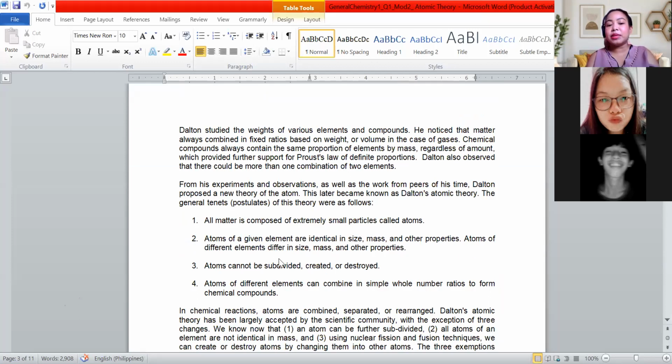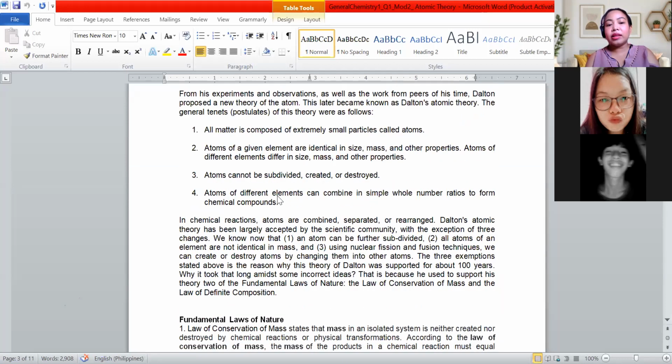Atoms of different elements differ in size, mass, and other properties. In short, atoms of the same element are identical, while if they are not the same element, they are not identical. Atoms cannot be subdivided, created, or destroyed. Atoms of different elements can be combined in simple whole number ratios to form chemical compounds.